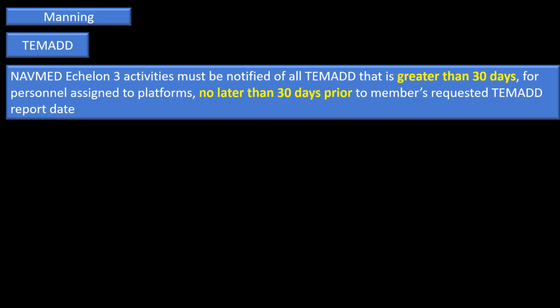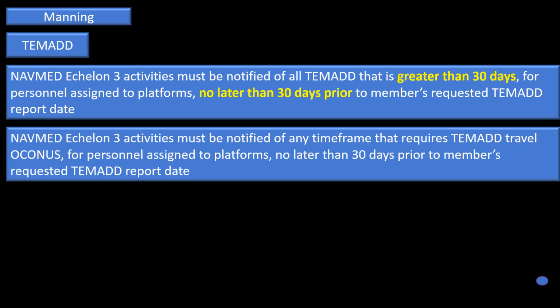If you're assigned to a platform and you get sent away from your command for greater than 30 days on temporary additional duty, we've got to let the Echelon 3 know, no later than 30 days prior to you starting that temporary additional duty.